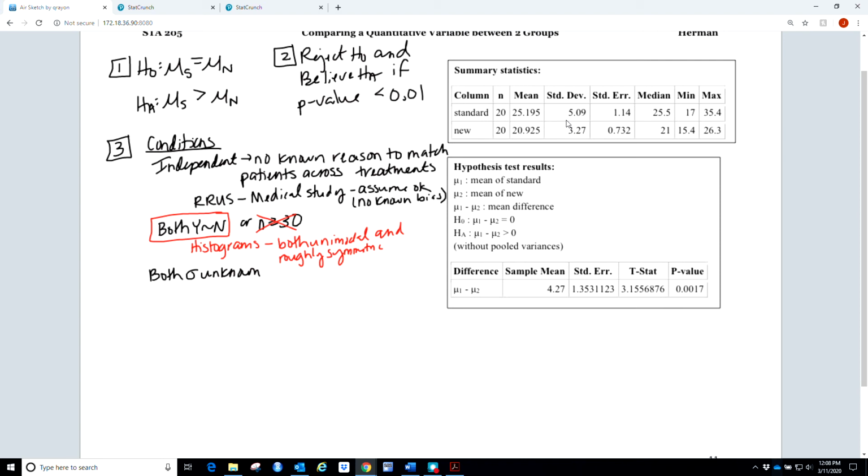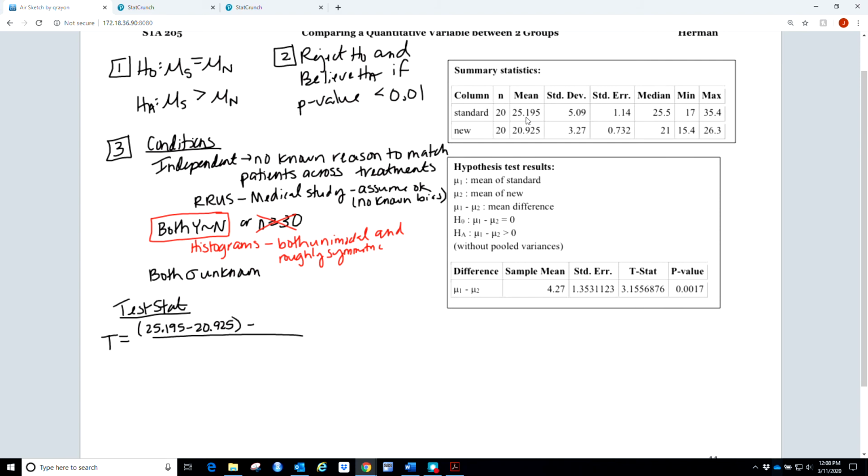So now we can do our test statistic calculation. But just as we discussed when we were doing the confidence interval, we're going to primarily let StatCrunch do a lot of this math for us, but we'll plug everything in so you can see how it works. So we're going to take the y-bar of the standard treatment first, 25.195, subtract off the sample mean of the new treatment, which was 20.925.